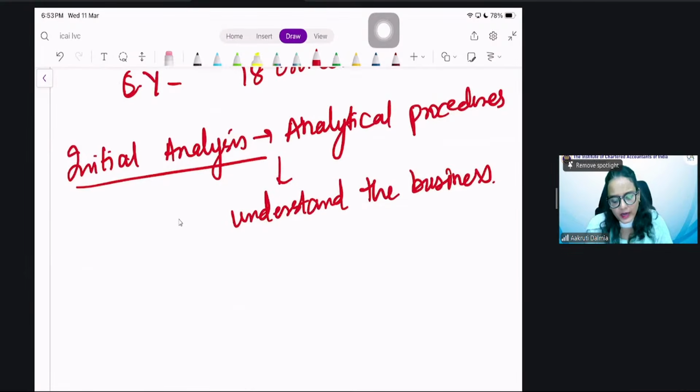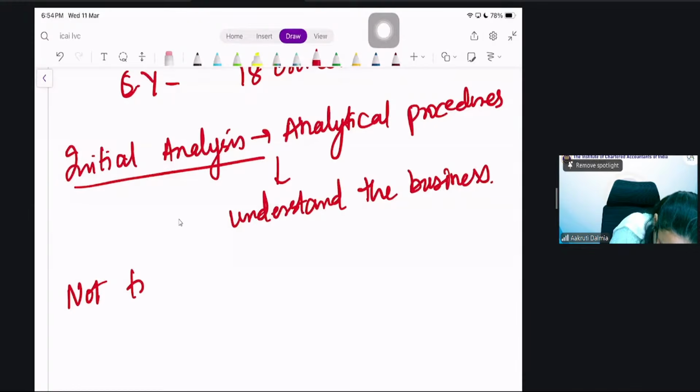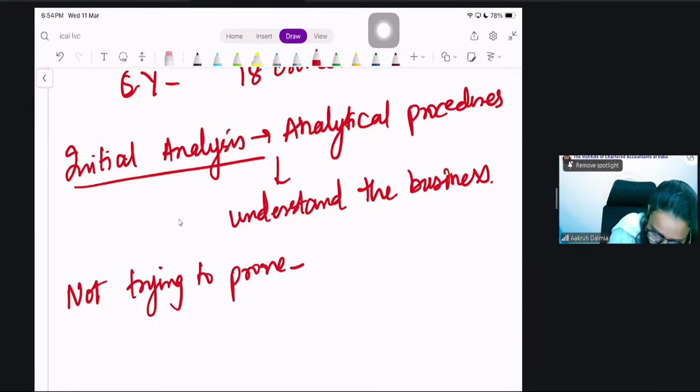What analysis am I doing? These are the questions I can ask. How much did the sales grow compared to last year? Did the industry also have a boom period? Did the production increase? Did the prices increase? What was the growth rate in the past 7 years? What is the gross profit ratio? I am not trying to prove that sales are correct or not.